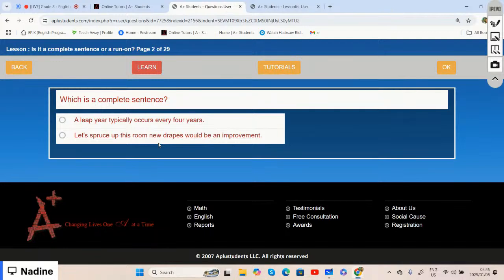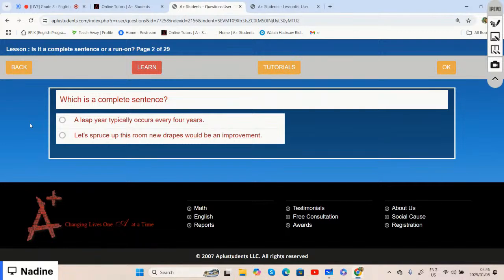And look at the last one. The last one says, we need to say which one is a complete sentence, has a subject and a verb. Option one: a leap year typically occurs every 4 years. Or option two: let's spruce up this room. New drapes would be an improvement. We need to select the complete sentence.